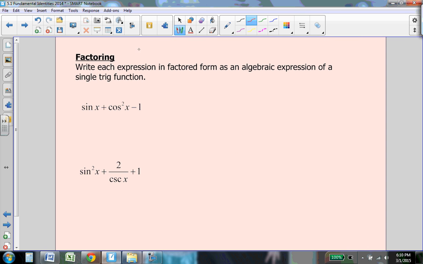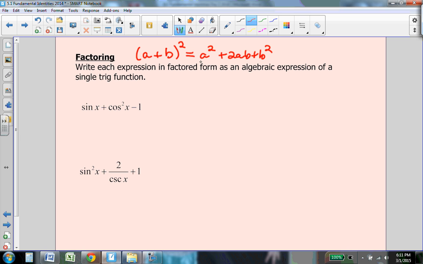Okay, now factoring, there's a couple of things that we want to remember. Primarily, when we square an item, we get a squared plus 2ab plus b squared.